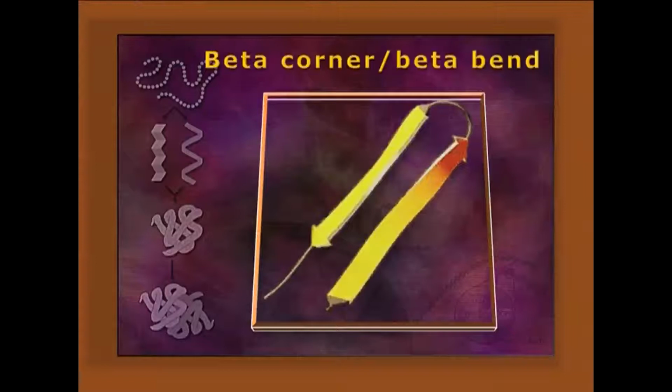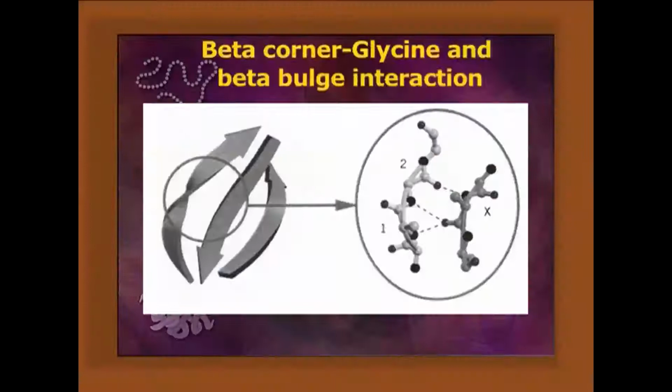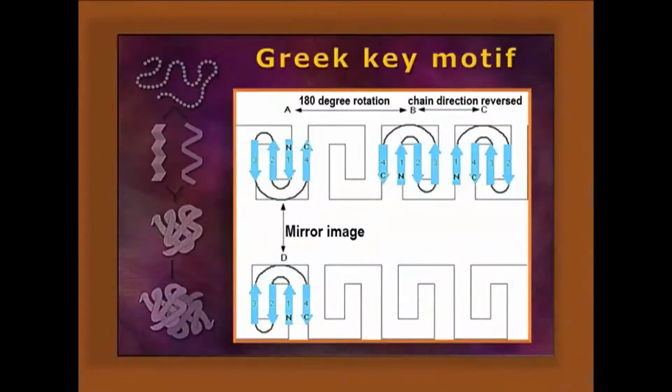Beta corner or beta bend. Here the beta corner is produced by making a corner of 2 beta strands. In the case of beta corner also, which helps in an abrupt change in the protein direction, because one strand may contain glycine, the other strand may contain a beta bulge as well. Greek key motif.